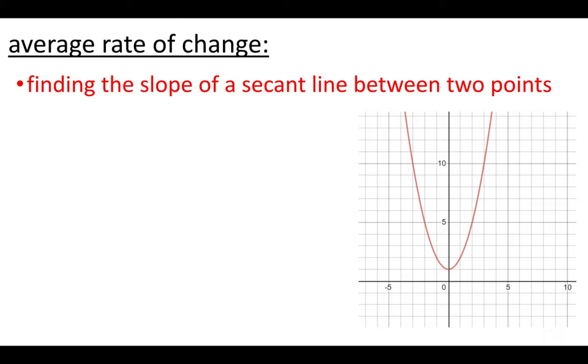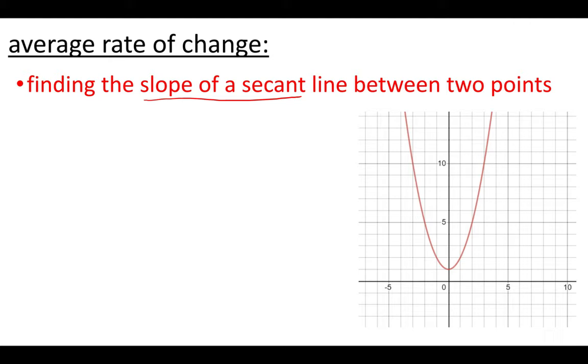So let's first take a step back and look at an average rate of change, and then we'll link this to an instantaneous rate of change. If we're asked to find an average rate of change, I've got a function here, and we're essentially looking to find the slope of a secant line.